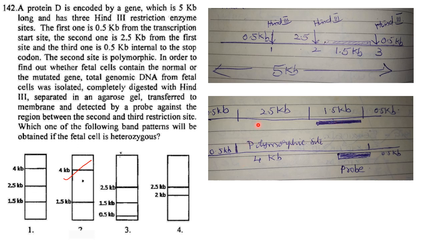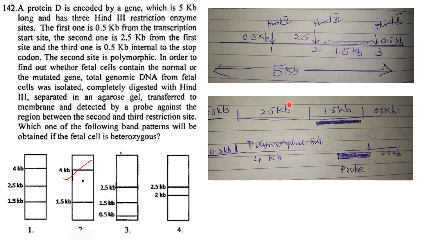The whole DNA band of 5 kb region will not be visible on the gel. So here, if it is heterozygous, you will get two bands. One will be 1.5 kb from here to here. This region doesn't have the probe recognition site, so it will not be detected.